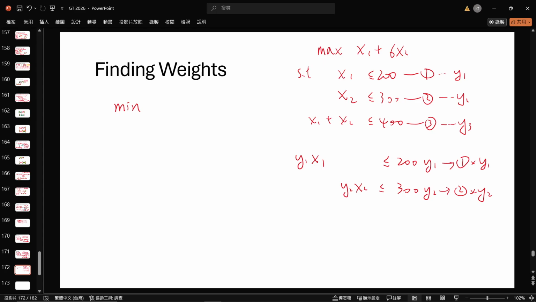Okay, so this is the result we get by multiplying y2 to constraint 2.